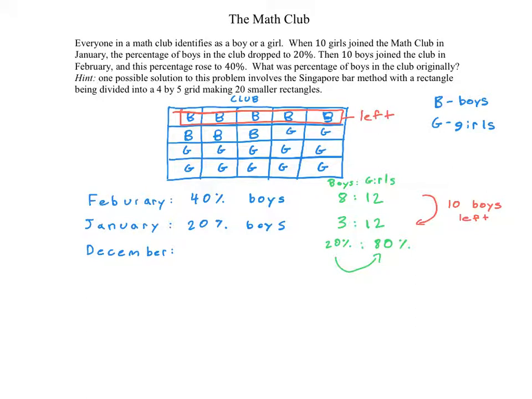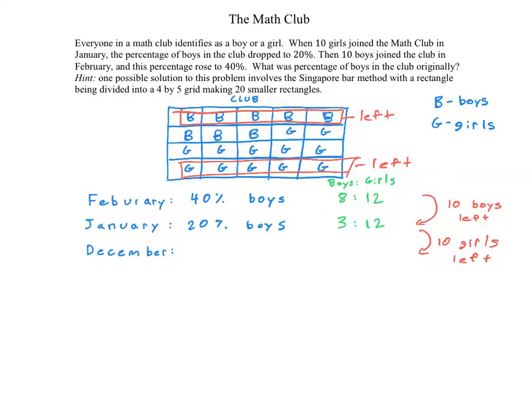Okay, now when we move towards January, some of the girls left the club. Actually, the same amount of girls left as boys. So now 10 girls are going to leave. So 10 girls left the club. That's the same amount of girls as boys left. So all of these girls, they left our club.